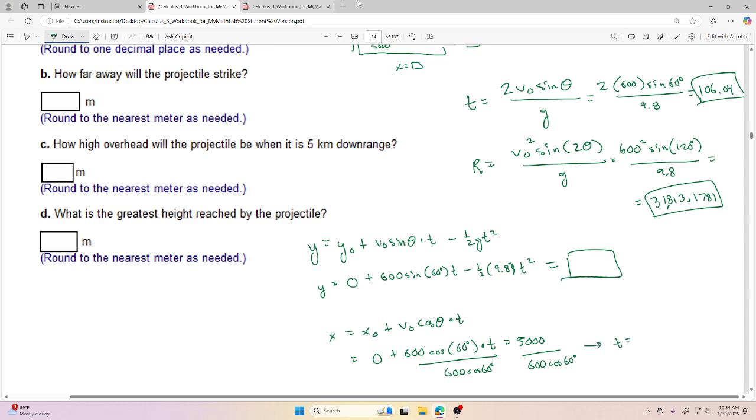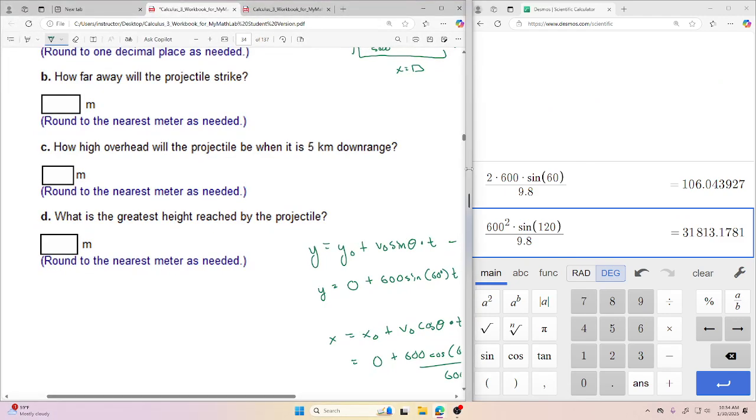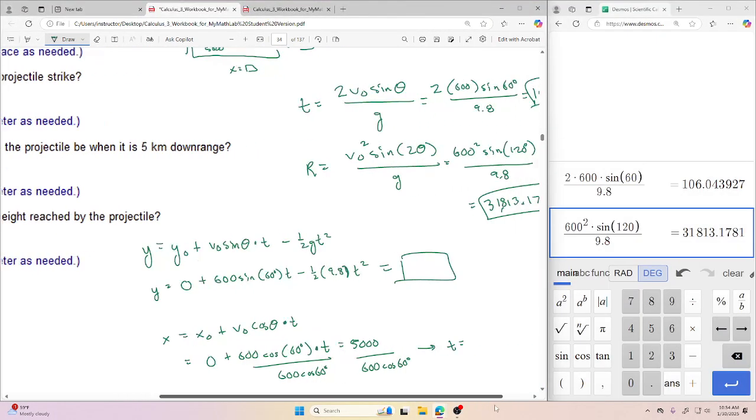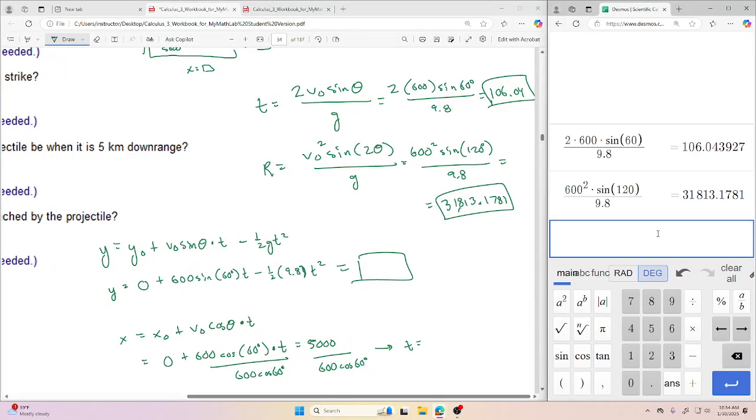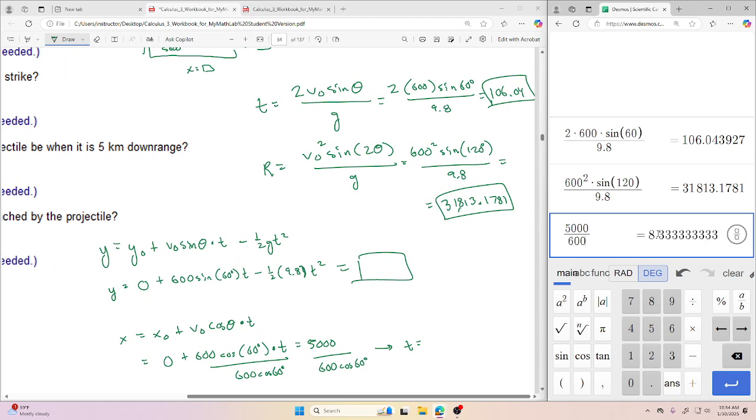This is not the answer, but it is something I need. So let me scroll this to the side here. So 5,000 divided by 600 cosine of 60 is 16.667 seconds. Good so far? What do I do with that t again? There it is.